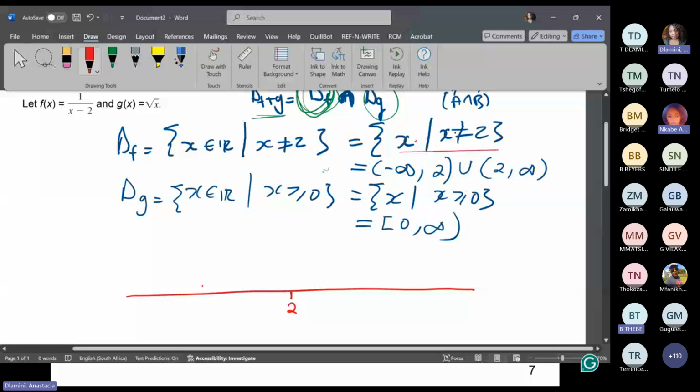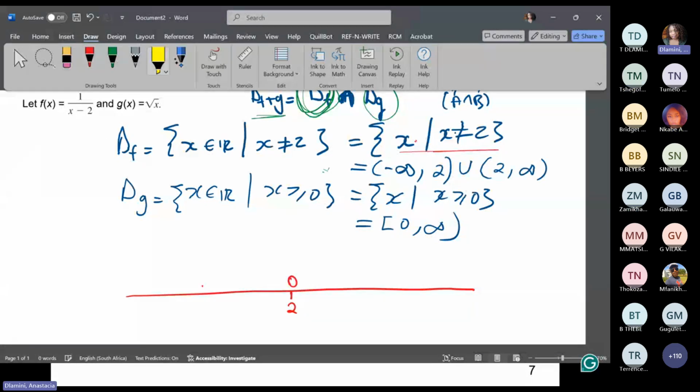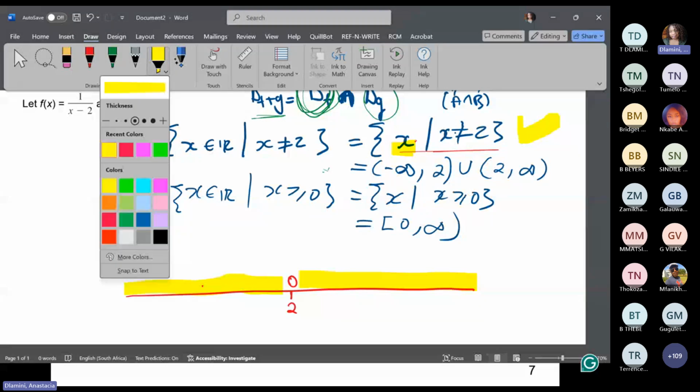Open. Then I say, okay, they are saying that all the values of x, element of real numbers, meaning from negative infinity, I skip 2 and come to positive infinity. That's the first domain. Are we all together? Then I draw the second domain, in red or blue.